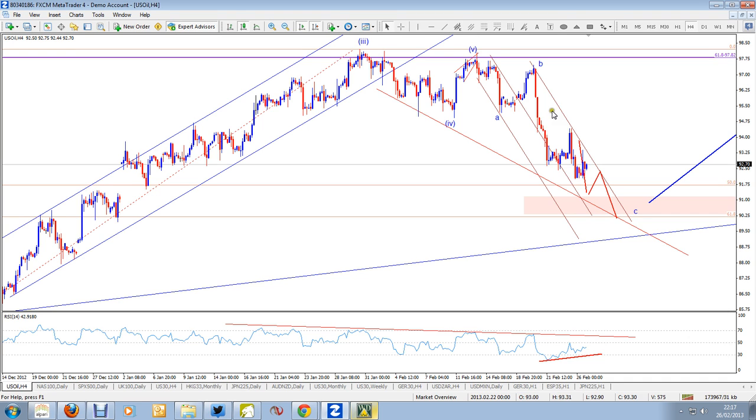So on the oil we are still trading to the downside, although over the last couple of days we've probably moved more sideways.